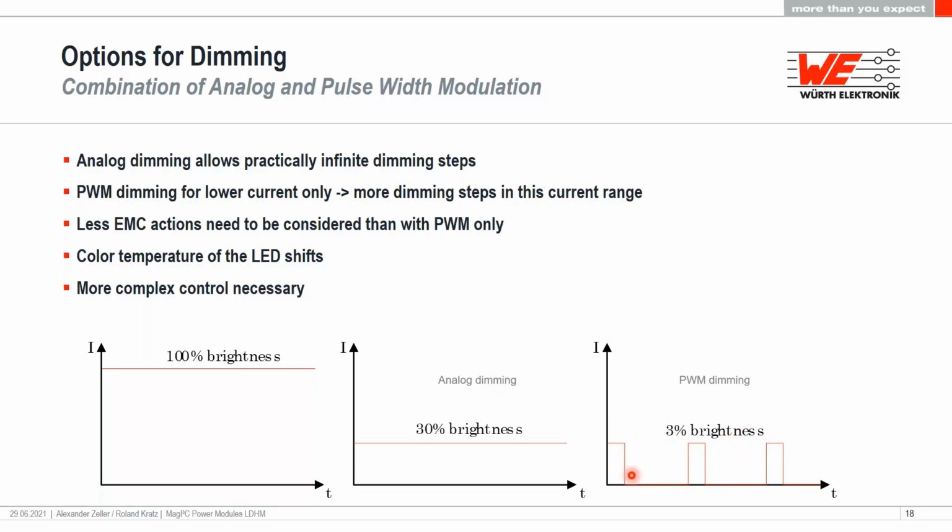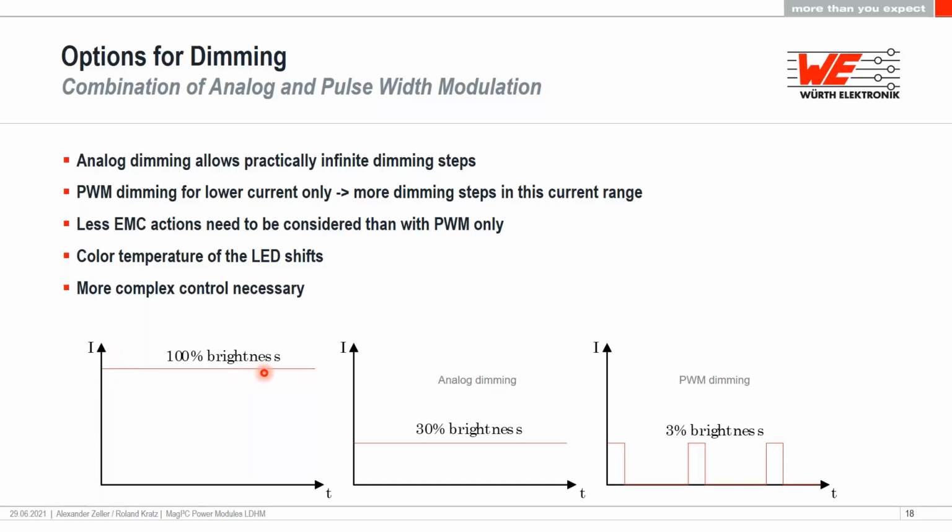For example, if you have a timer in your microcontroller with 256 steps, and you dim from this current down to 0 in 256 steps, you have much more accuracy and finer steps than when you start from the high current, the 100% current, and go down with dimming only with PWM.